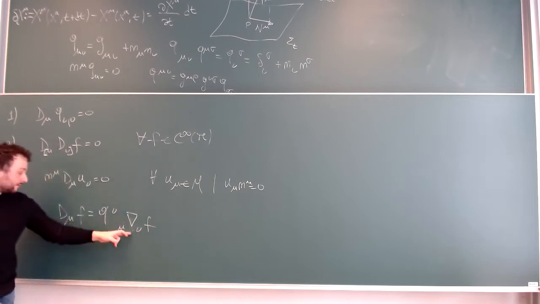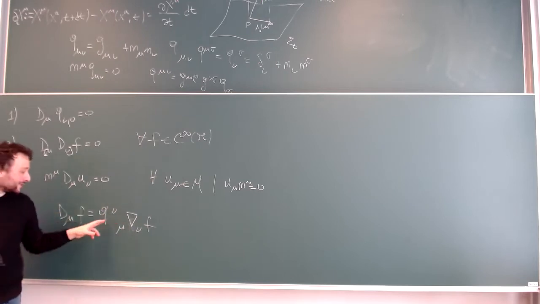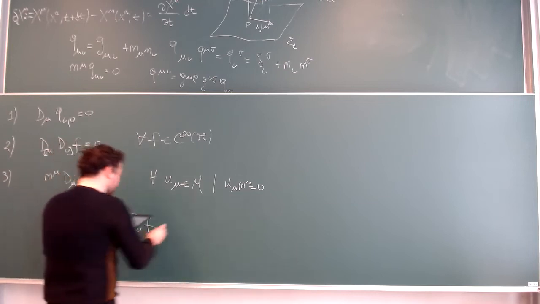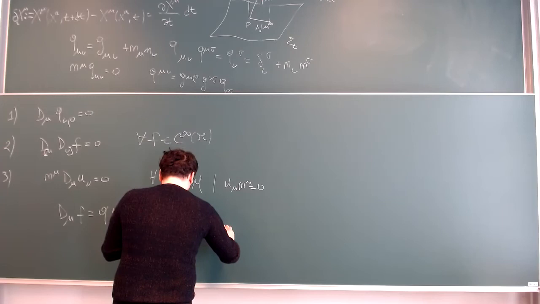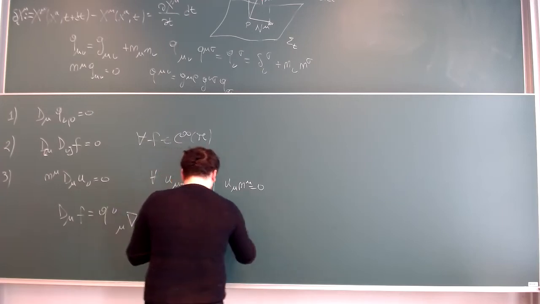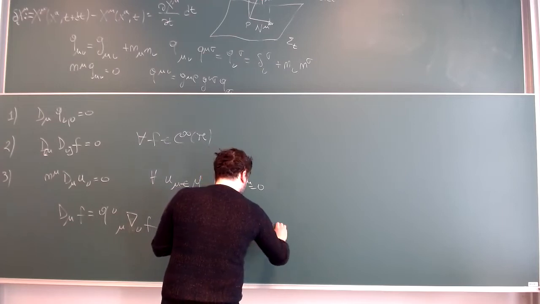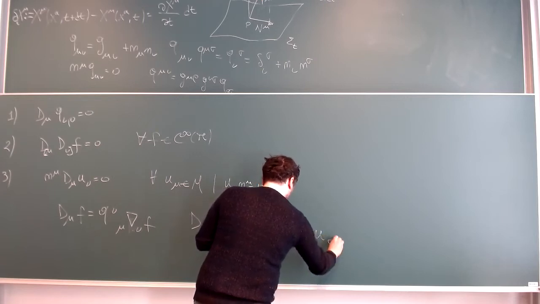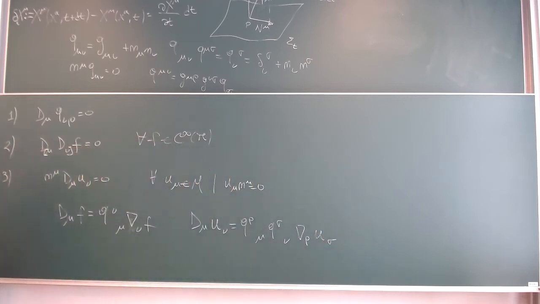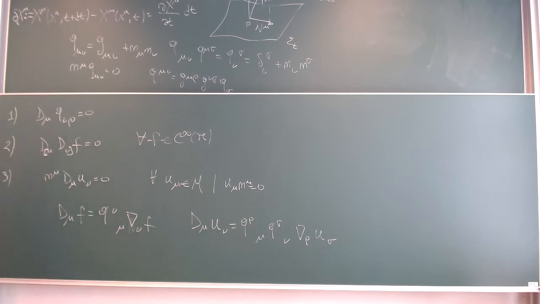So basically we are just raising and lowering the indices with the new metric, and that u mu has to be projected this way. Yeah, this can be proven as an exercise, it satisfies all of this, and that's unique.